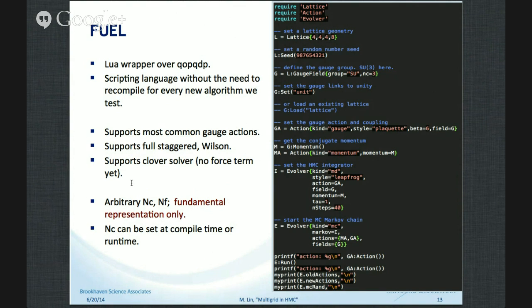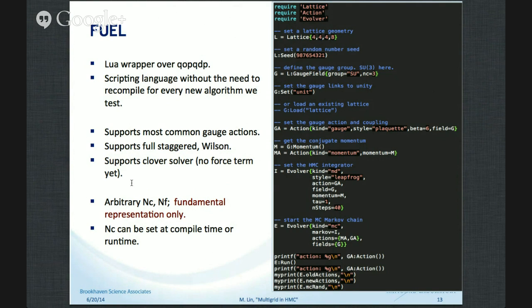So you use the plaquette action with the gauge coupling beta equal to 6, and then you get the conjugate momentum, and then this declares the action for the conjugate momentum. Then you decide what kind of integrator you want. So this is MD, which means you don't do accept-reject, and then you feed in the gauge action and the gauge field, etc.